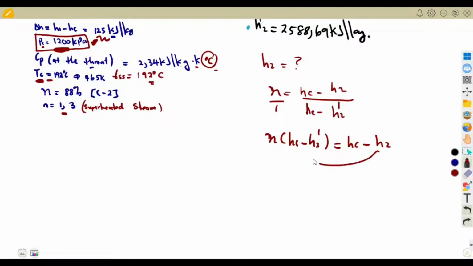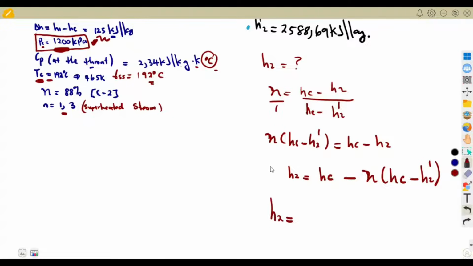So you can transpose H2 to this side and it becomes positive. So H2 is equal to HC minus the efficiency times HC minus H2 bar. Okay. So we have made H2 the subject. This is from your mathematics, guys, change of subject.